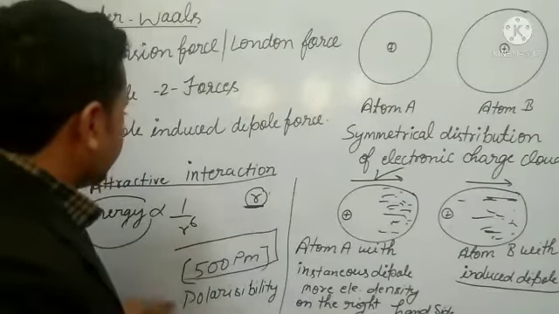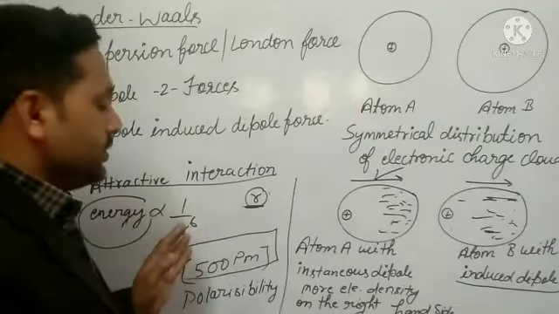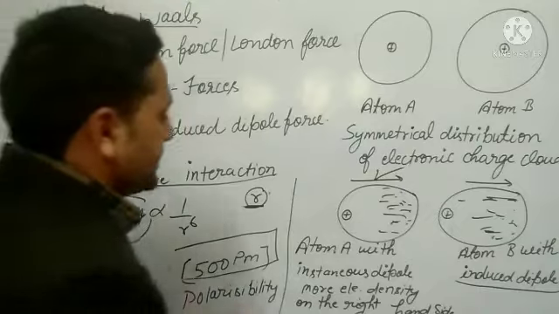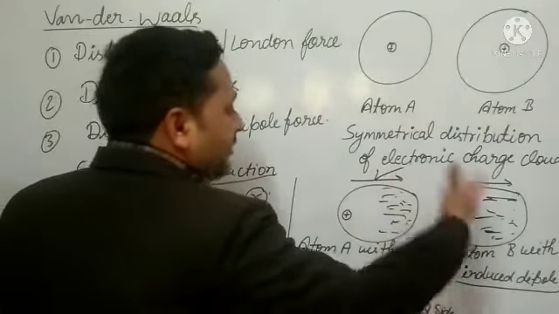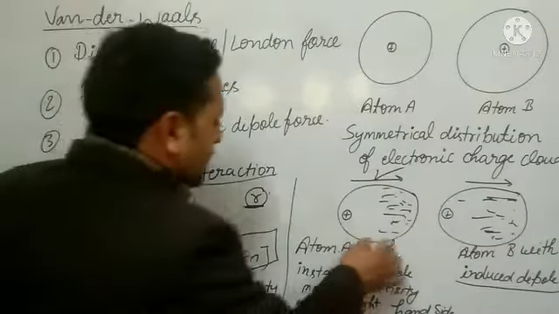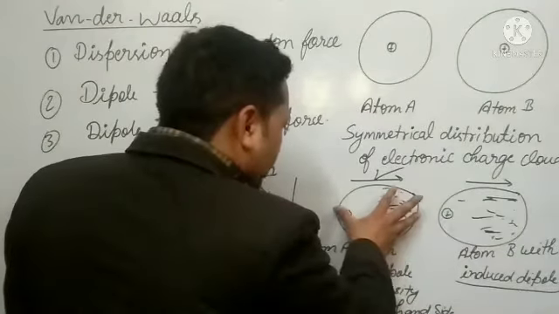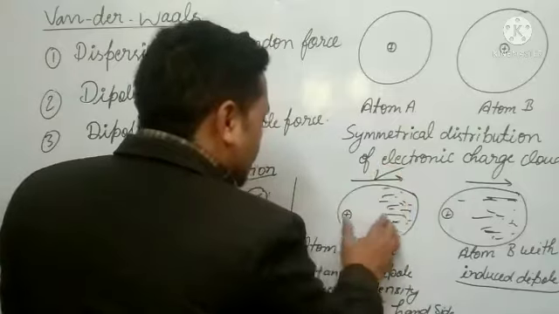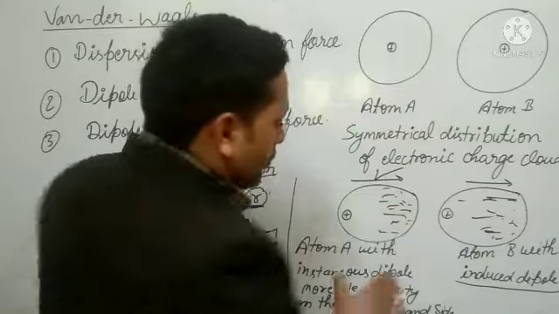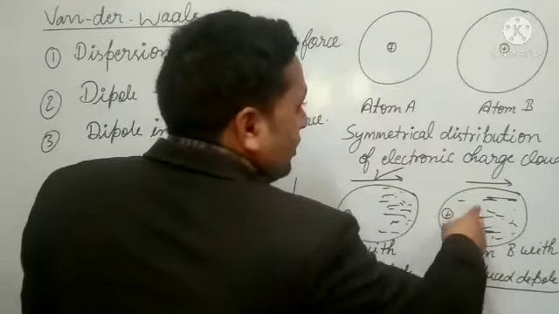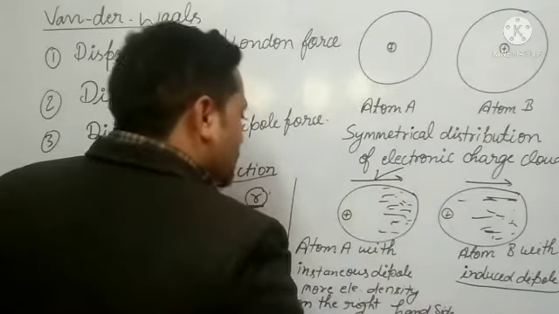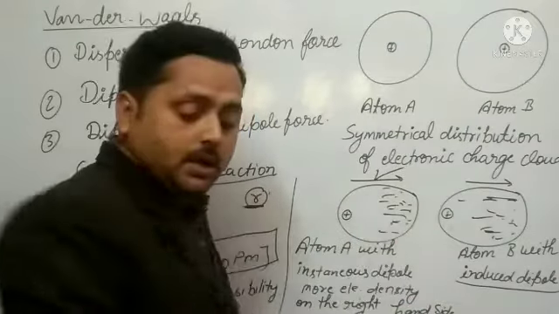And here, the induced dipole depends on the polarizability of this. How nicely it is polarizing, that much induced dipole will be produced in the other. If this one is polarized nicely, meaning if electrons and positive charge are separated properly, more dipole moment will be produced in the second one. If it could not do like that, less dipole moment will be produced.